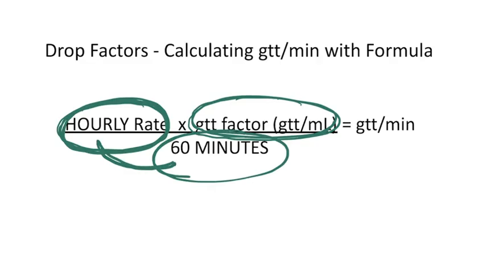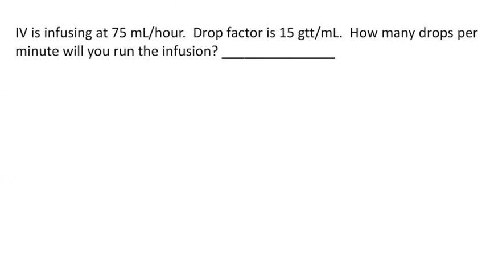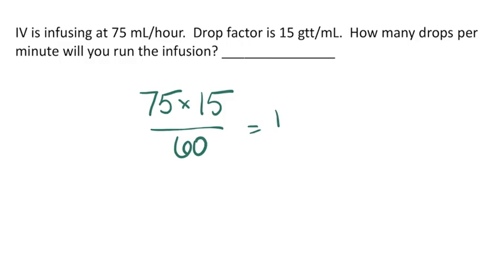Okay, so here we go. Let's go ahead and see how this looks. We have an IV that's infusing at 75 milliliters per hour with a drop factor of 15. So I know my hourly rate here, they gave it to me, 75 times my drop factor of 15, and I'm going to divide that by 60. So I'm going to go to my calculator and do 75 times 15, and that equals 1125, and I'm going to divide that by 60, and I get 18.75.